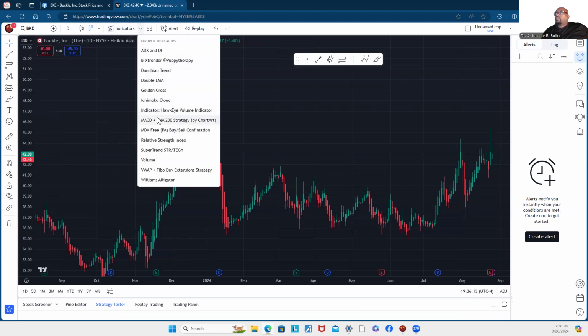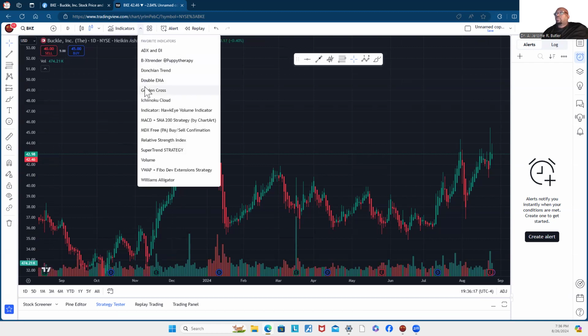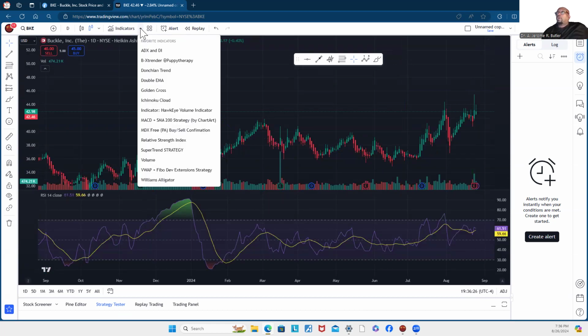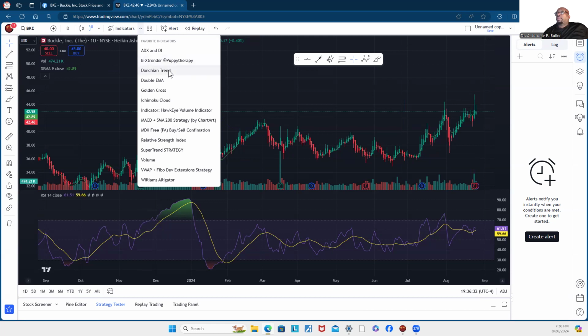So for this exercise, again, we're going with volume. We're going with Coach Butler's favorite, the RSI, the relative strength index. Also, we're going with the double EMA. Now you may want to take the volume out. I think if you've got the free version, you can only use two indicators and the super trend.